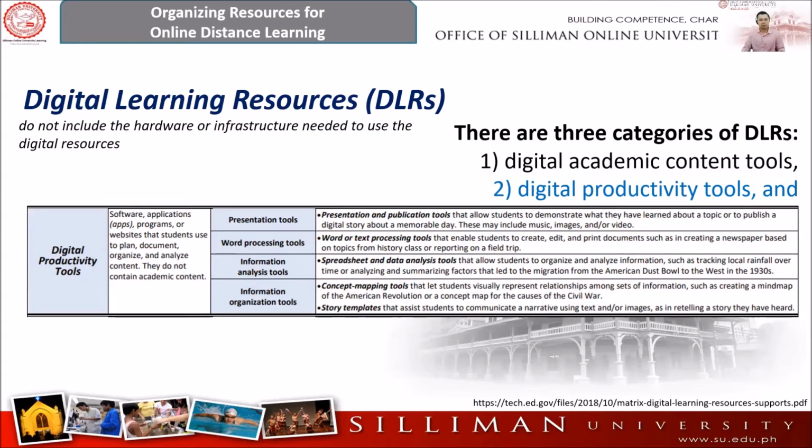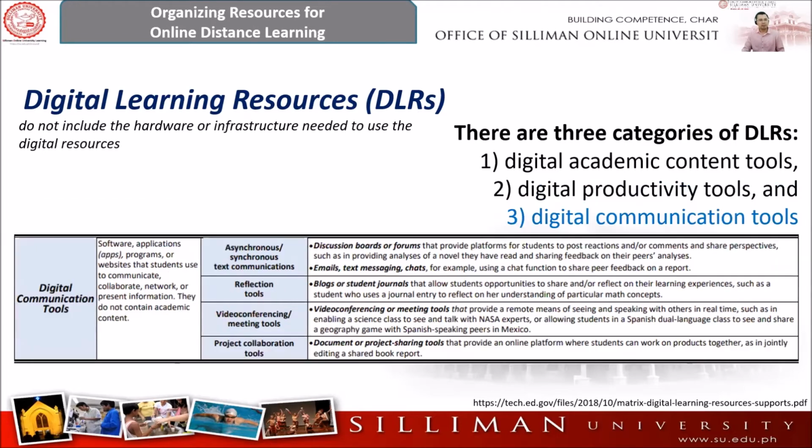Examples of presentation tools are PowerPoint and publication tools; word processing such as text processing, MS Word, WordStar, and some other tools; information analysis, spreadsheets, data analysis tools; and information organization tools like story templates or concept mapping.